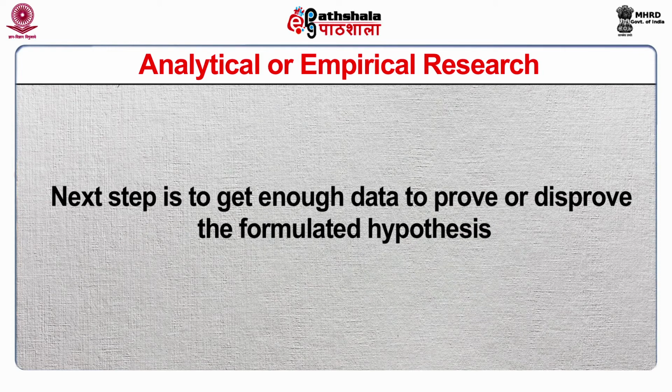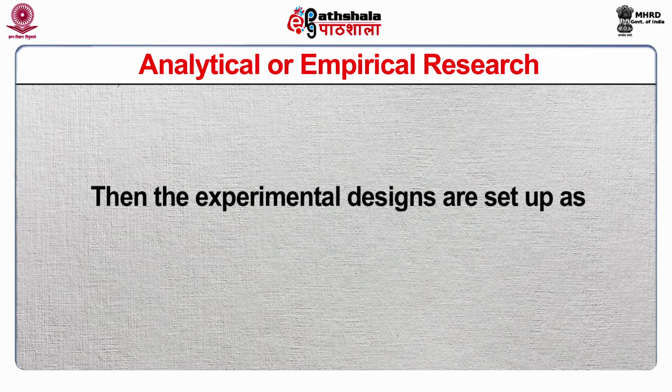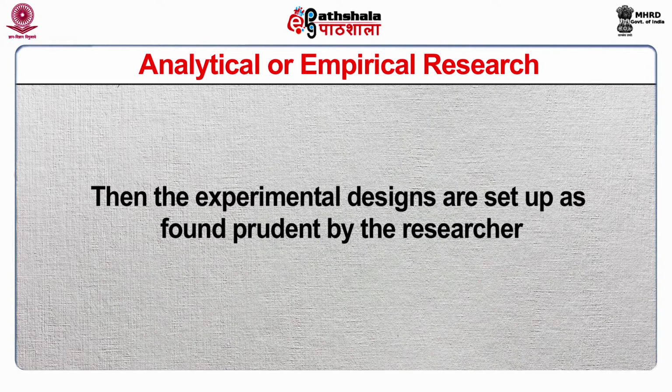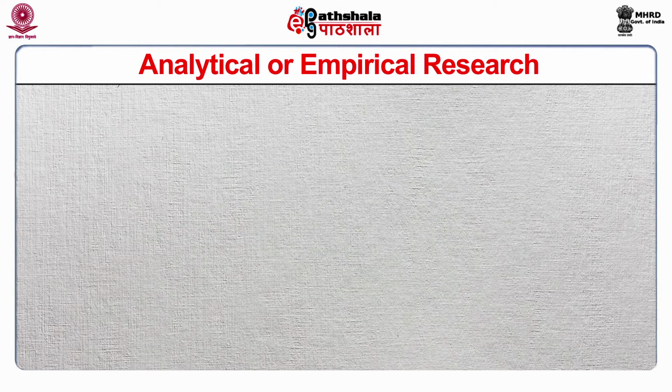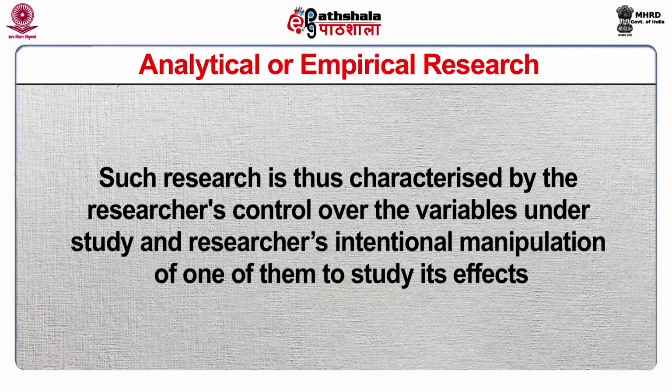The next step is to get enough data to prove or disprove the formulated hypothesis. Then the experimental designs are set up as found prudent by the researcher himself. Such research is thus characterized by the researcher's control over the variables under study and the researcher's intentional manipulation of one of them to study its effects.